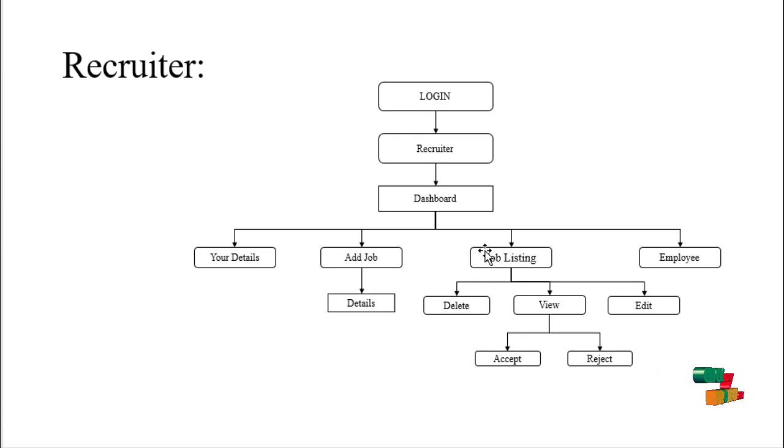When you have added jobs, they are listed, with view, delete, and edit options. The view option shows the applicant, where you accept or reject. You also have the option to call back the applicant by email or phone. Once you accept, the applicant is moved to the employee page.